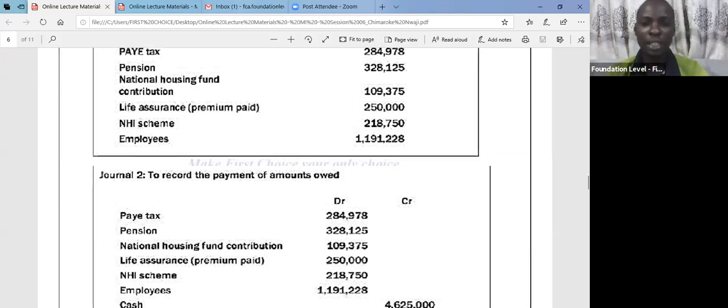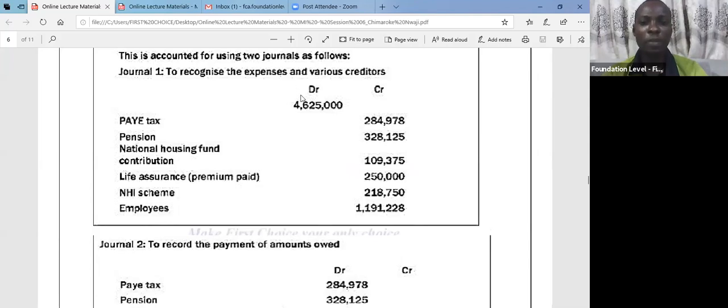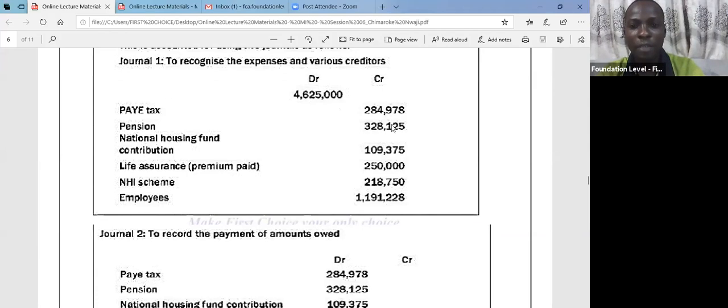In this case you are setting up the expenses. Sometimes it is called the salary control account. You debit all of these, and they will be entered into your record.